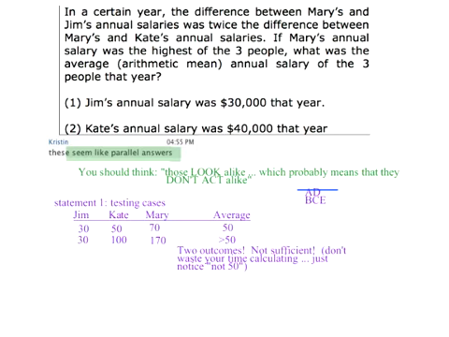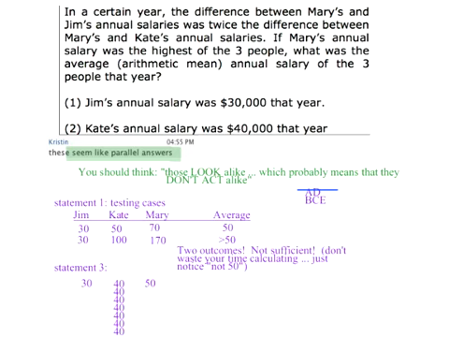So statement 2, let's just use the same table that's already up there. This time Kate has to be 40. So Kate is 40 forever. All right, well, if Jim made 30, then the difference is 10, so the difference between Mary and Jim would have to be 20.